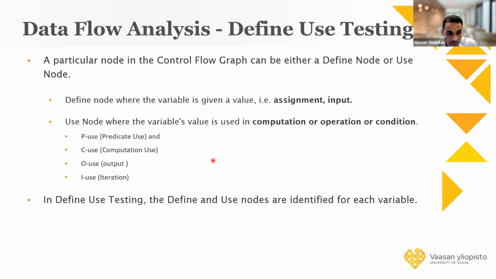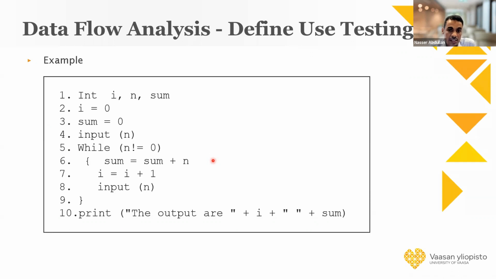Let's see this example. We have three variables, and then we key in n, and based on that n, we go to the loop.